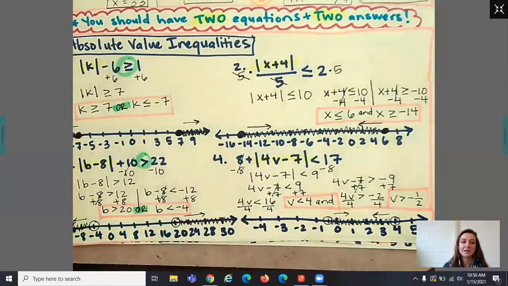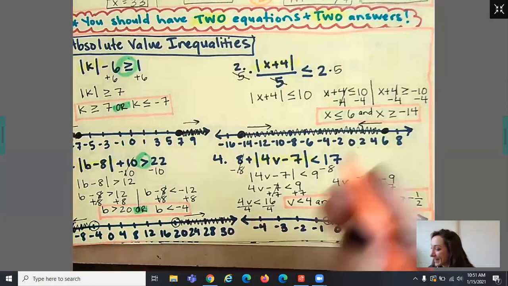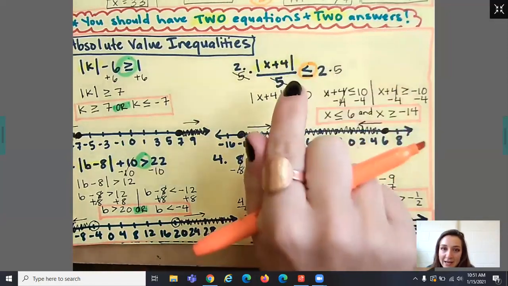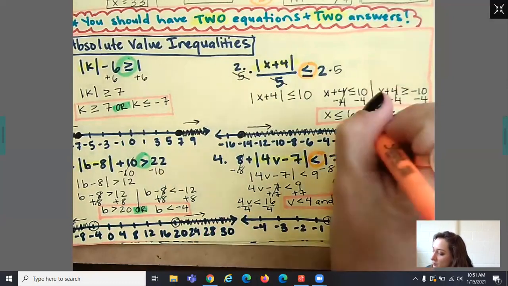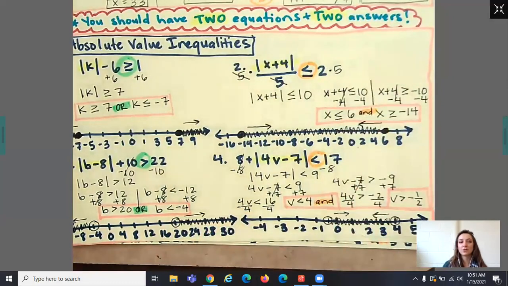You don't have to use this, the math does it itself. The other one you can use is less than. Here the absolute value was less than, and we actually used our and here. So I'm going to write this up top.